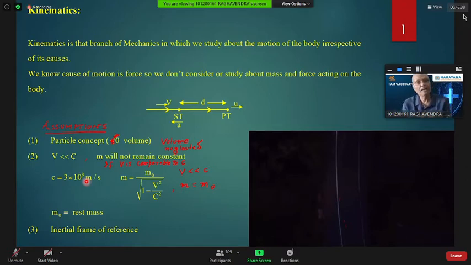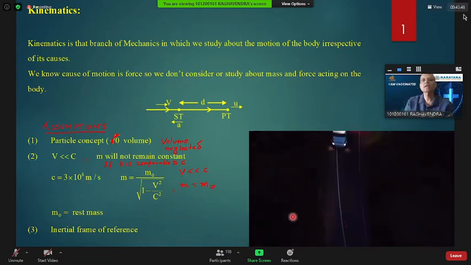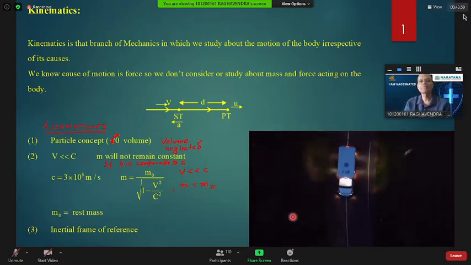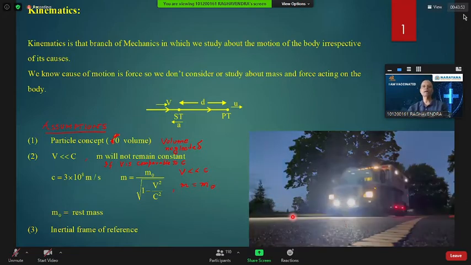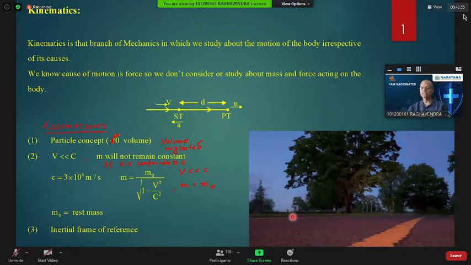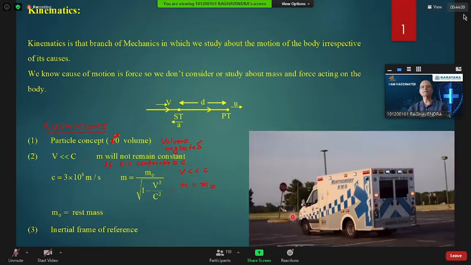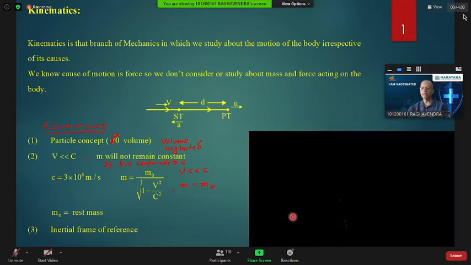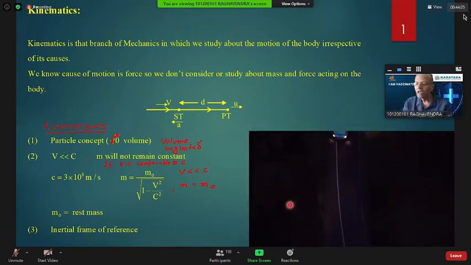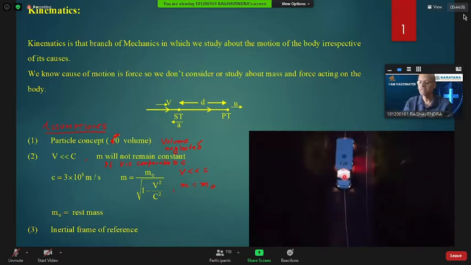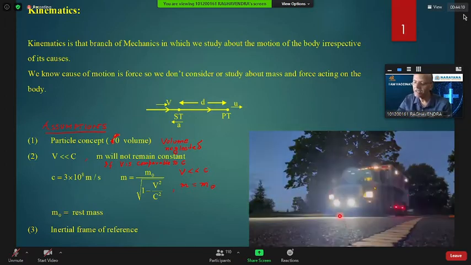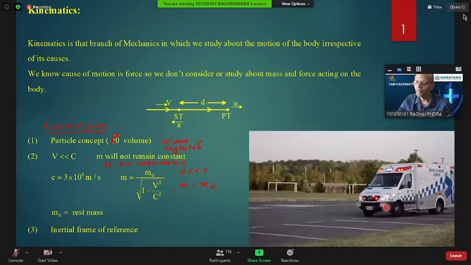It may be one-dimensional, two-dimensional, or three-dimensional. In the diagram I'm showing you here, the truck is moving along a straight line path. To apply the kinematics we are studying, first we have to neglect the volume of this van, which is actually an ambulance.